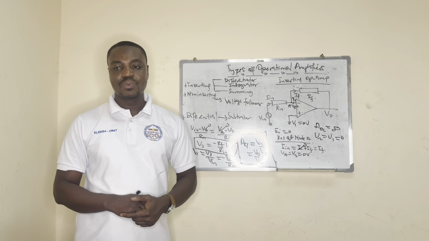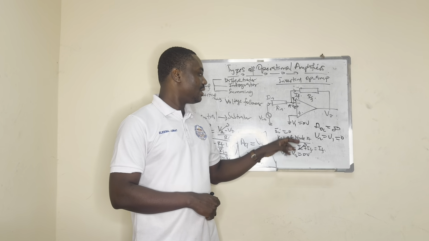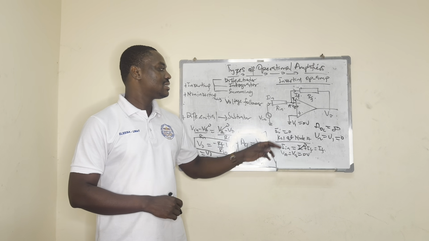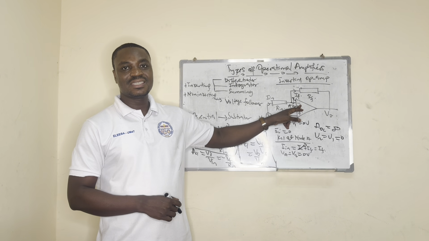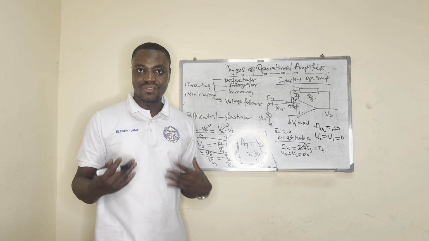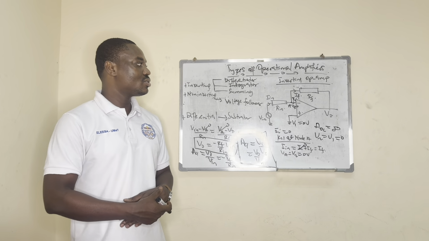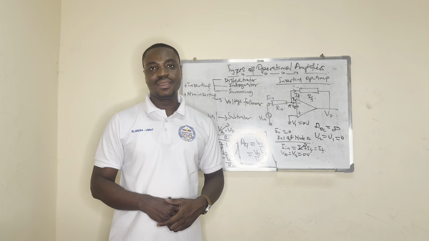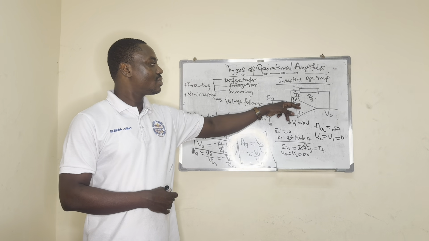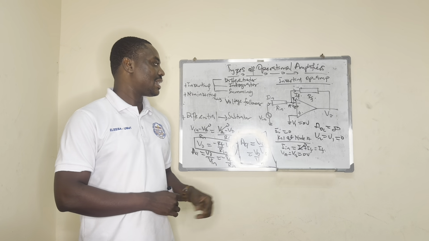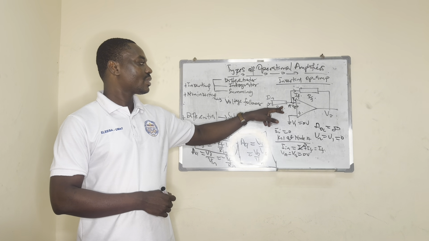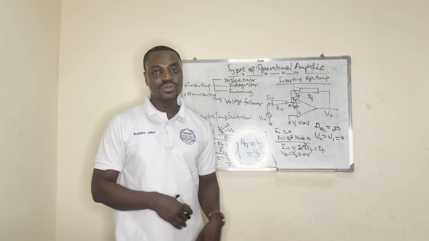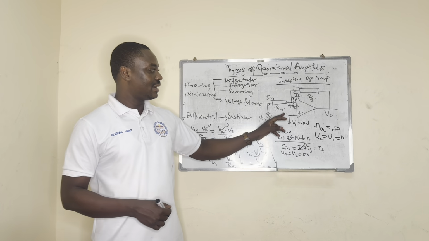For an inverting operational amplifier, we make sure that we connect an input voltage to the inverting terminal. So in designing an inverting operational amplifier, we connect the voltage input to the inverting terminal, and before it goes into the inverting input terminal, it passes through a resistor, which we label here as the input resistor, Rin.